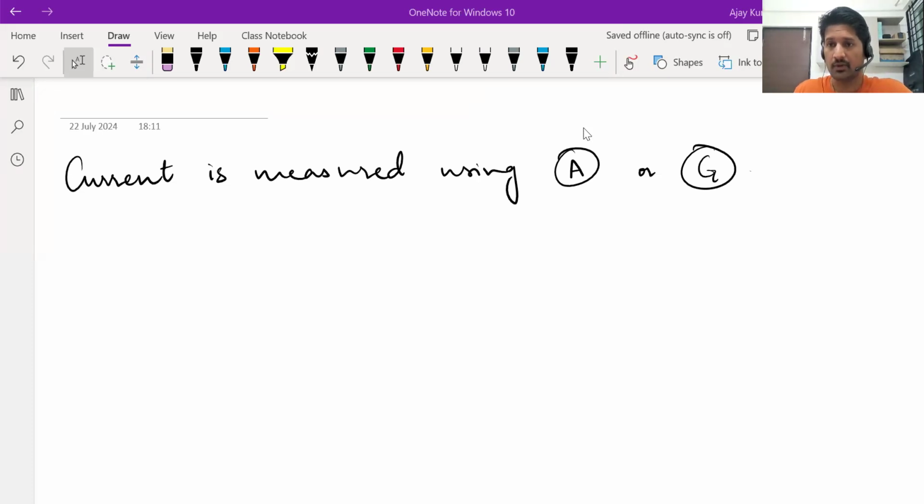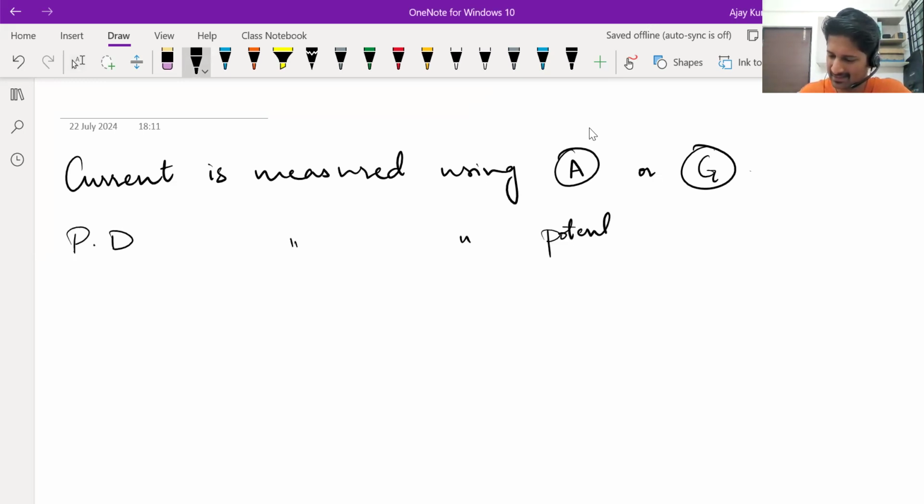Okay, what is the device used to measure potential differences called? If you want to measure the potential difference between 2 points in a circuit, which device can we use? Potentiometer, sir. Okay, fine. So potential difference can be measured using a potentiometer. That's okay.